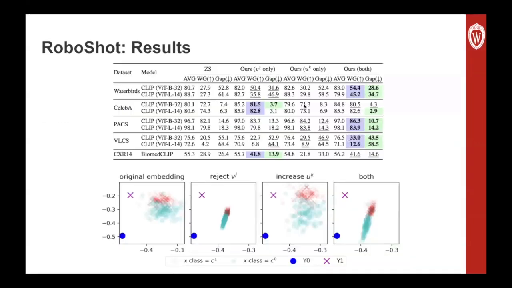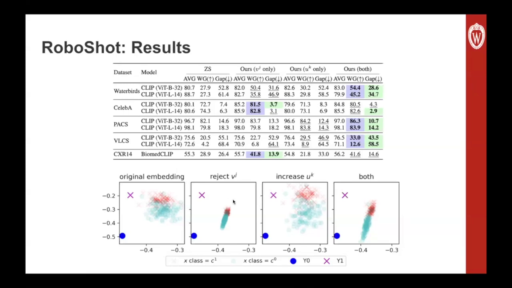We also do an analysis of which component is actually useful, in terms of whether we really need to do both the subtraction and addition. In most cases, when we do both reducing spurious correlation and increasing useful features, we get the best result. And there is this illustration on one of the real data sets of what each step is doing. In the original embedding, everything is kind of scattered in the embedding space.